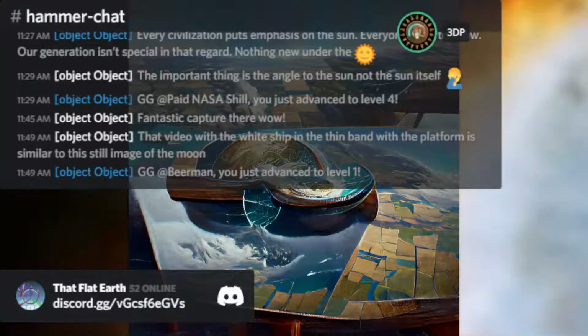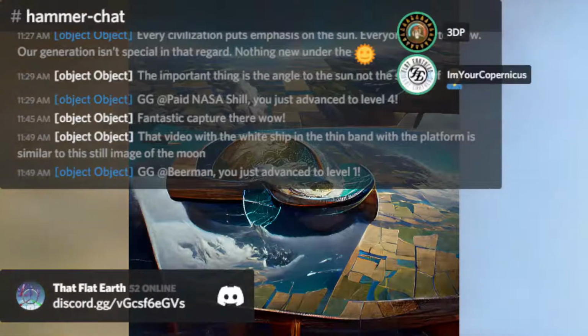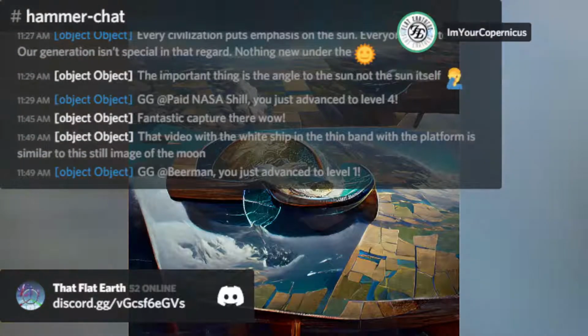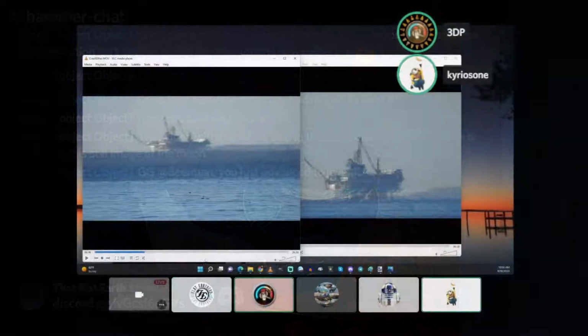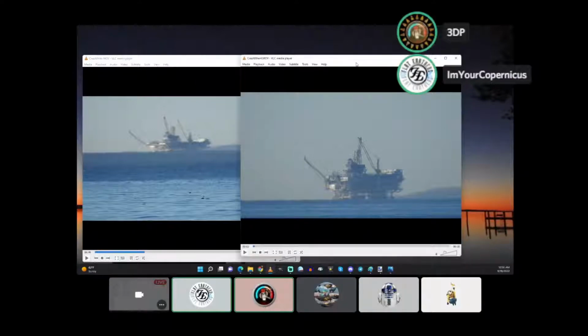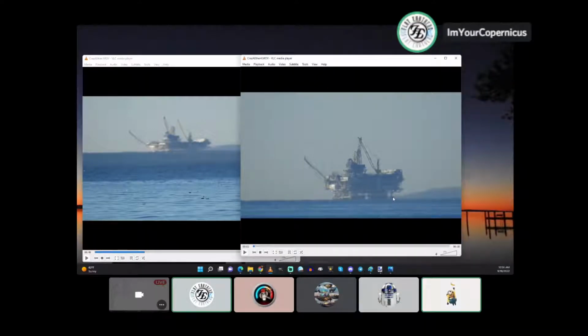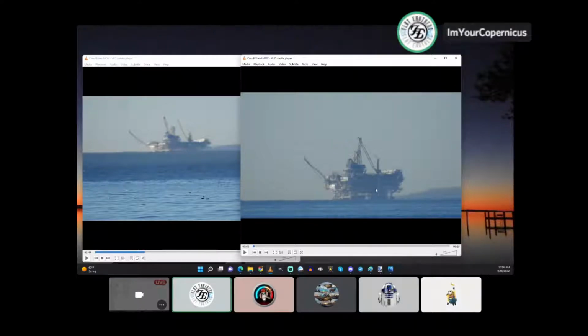Your camera hasn't moved in between these two frames, not in elevation. I've been panning back and forth, but this is going to be full optical zoom. Look how much more of the platform we can see. We can even see the sky through the platform here. But here you can't see it. And just look how it grows. All of this space right here is compressed right here.